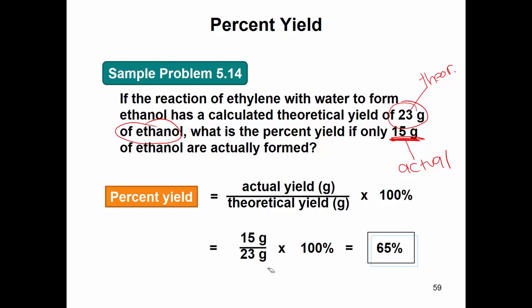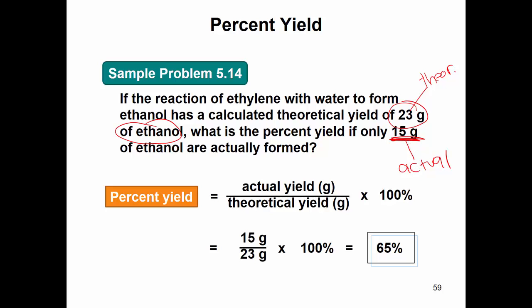Based upon the calculations that we've learned to do, grams to moles to grams, we can come up with theoretical yields, and then we can come up with a percent yield based upon how much we actually obtain in the lab. If you're not in the lab and you're just working homework problems or any other problems from a book, you're going to have to be given that actual yield in the problem.